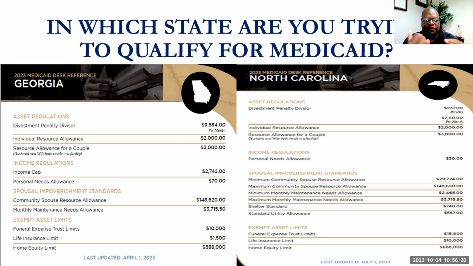As long as your Social Security, pension, required minimum distributions from your IRAs and whatever other things you have coming in as income, if all that is under $2,742, you will qualify for Medicaid on the income side. If you have $2,743, you will not. It says hard cap. That's why I call it an income cap state.